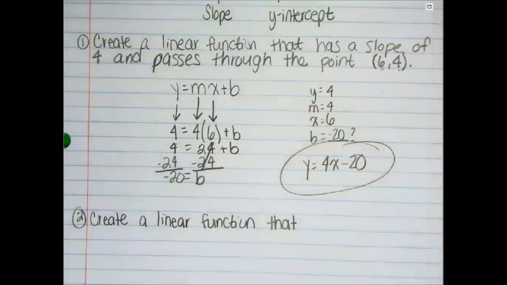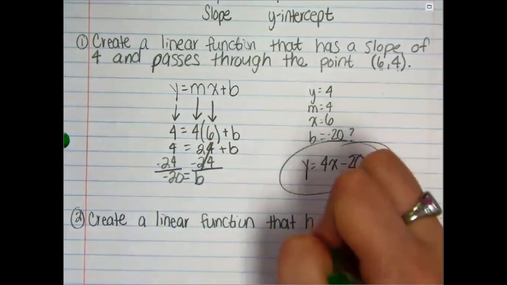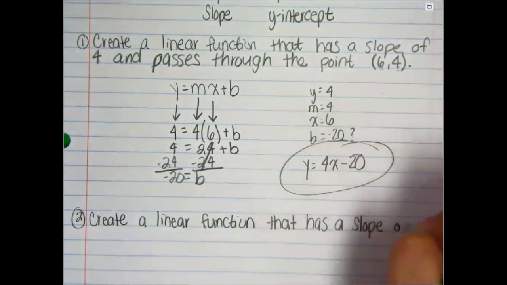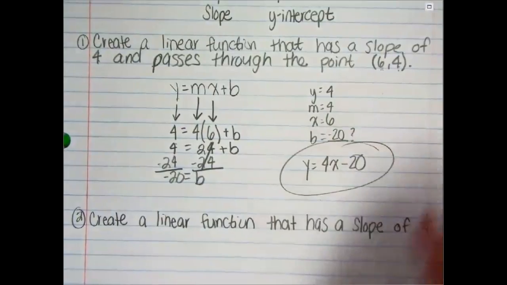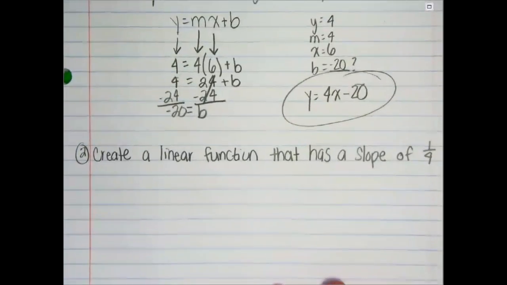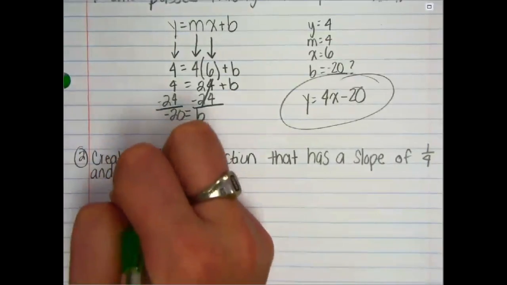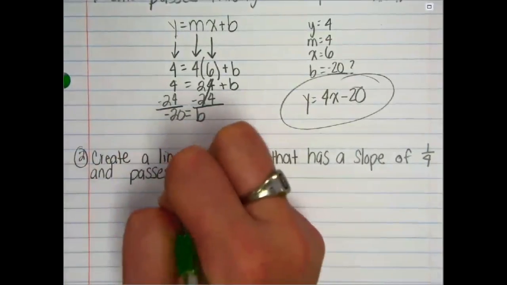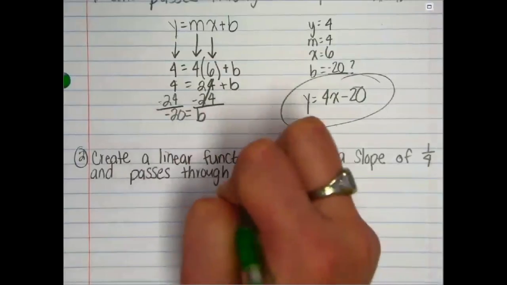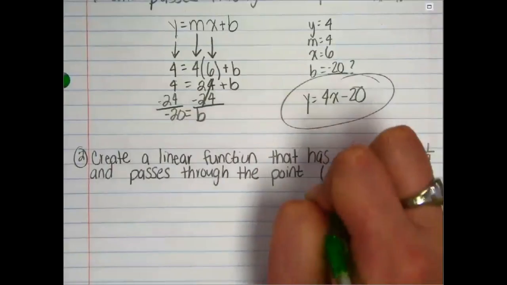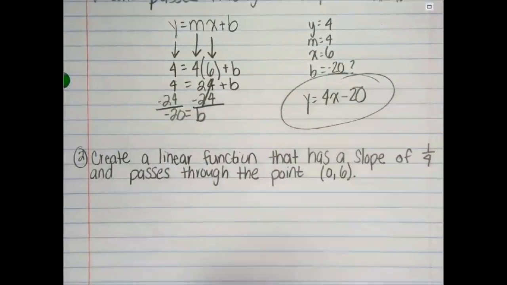You may get one in a moment to help you. I want you to create a linear function that has a slope of 1/4 and passes through the point 0, 6.